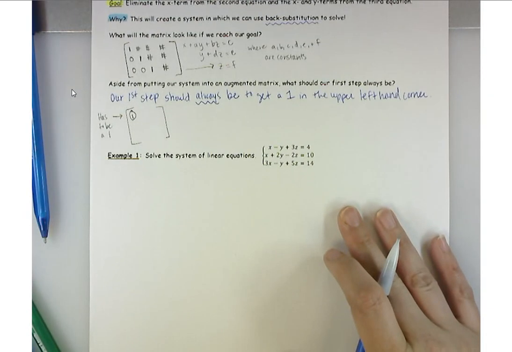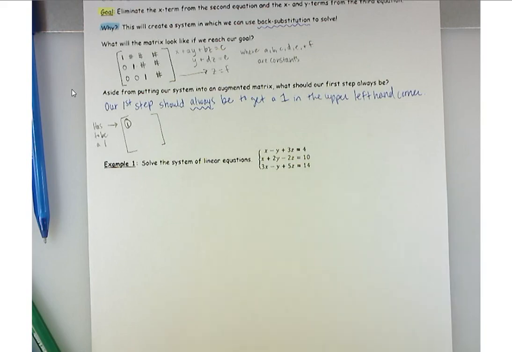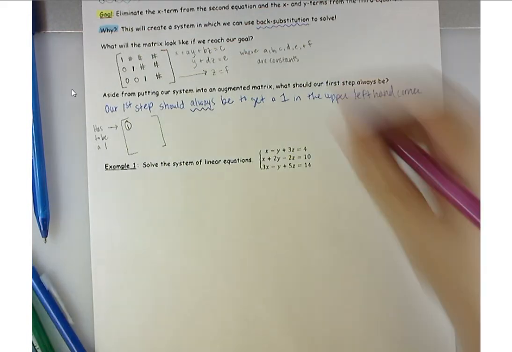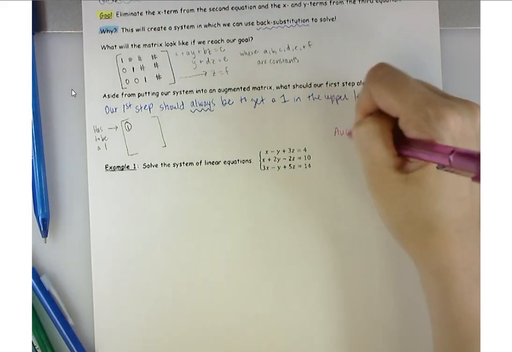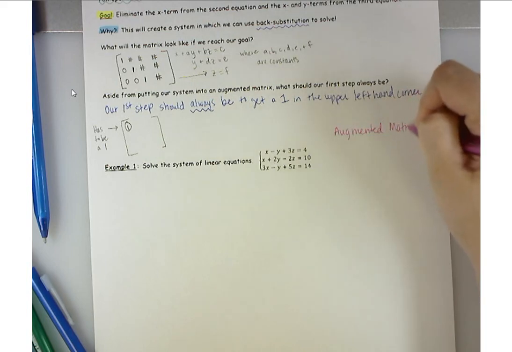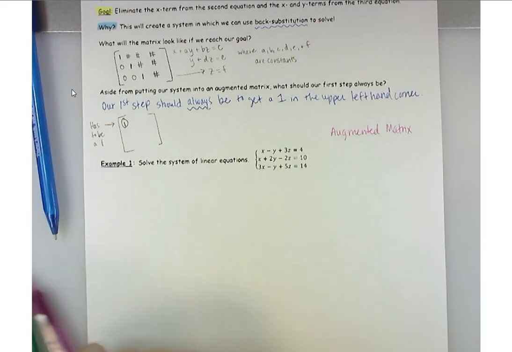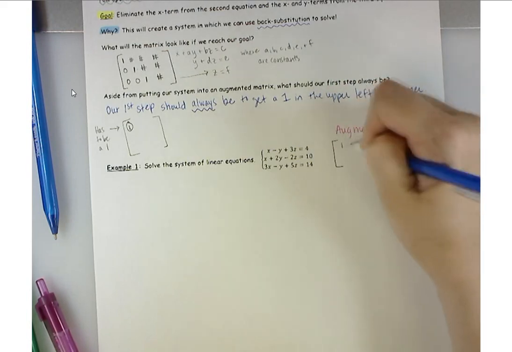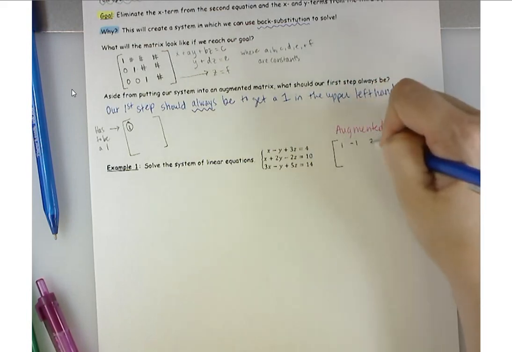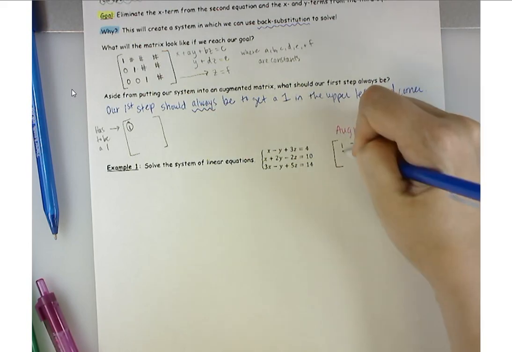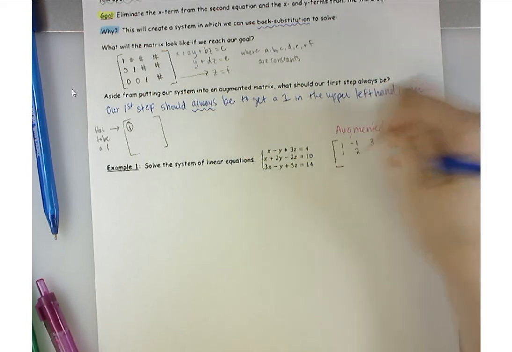So for our example, we're going to solve the system of linear equations. First, we're going to put this in the augmented matrix. So this is 1, negative 1, 3, 4. 1, 2, negative 2, 10.